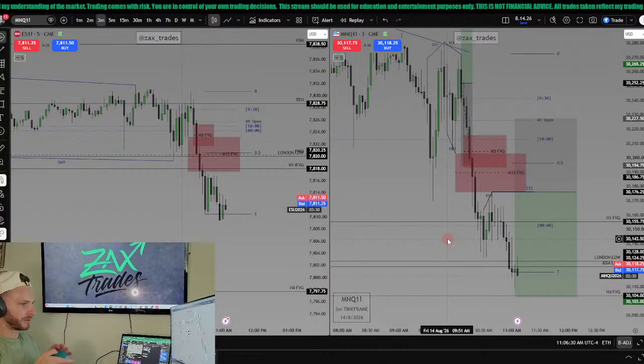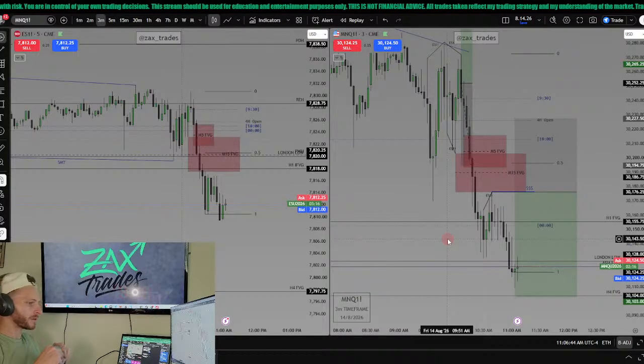And when you see that happening, if you understand liquidity, then you can understand that okay, something is going to have to happen in that opposite direction to bait people in, to stop people out, to get the market moving again towards that true target draw on liquidity.